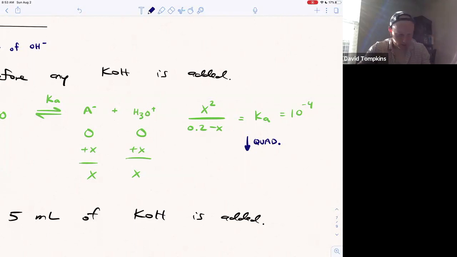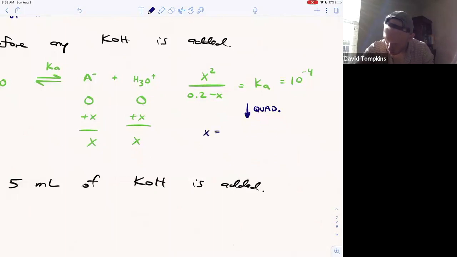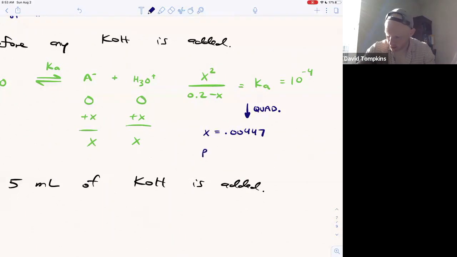And the quadratic is going to give you an X value, and that X value should be 0.00447. And finally, the hydronium concentration is X.